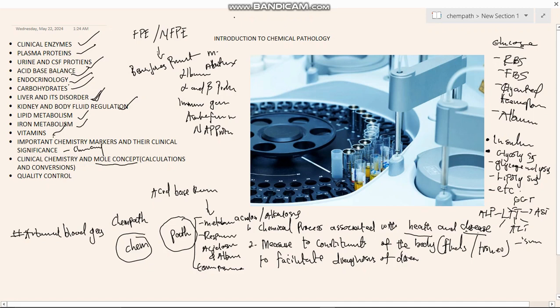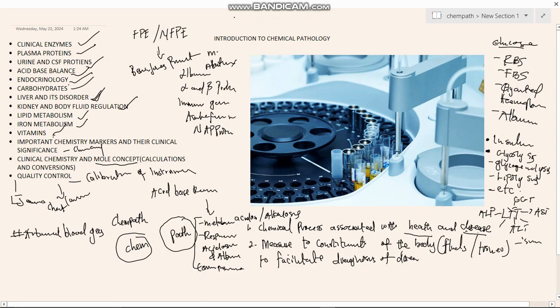And then quality control will be our final topic. For quality control, we'll talk about quality control itself, we'll talk about preparing controls, we'll talk about calibration of instruments, we'll talk about the Levey-Jennings chart, and then we will list certain chemistry analyzers and their importance or what they do.